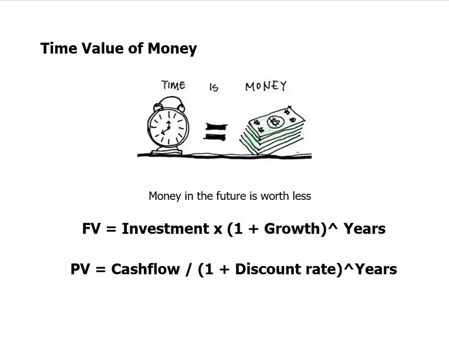So in this slide, there are two formulas that we use to adjust money for time. And the first one is FV, which stands for future value.